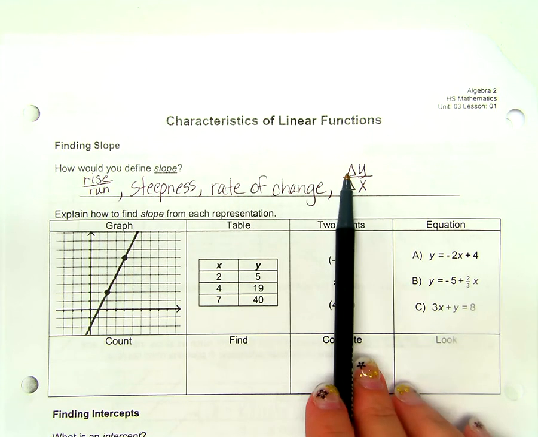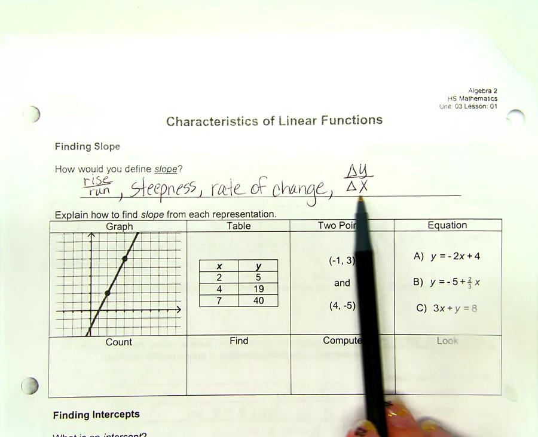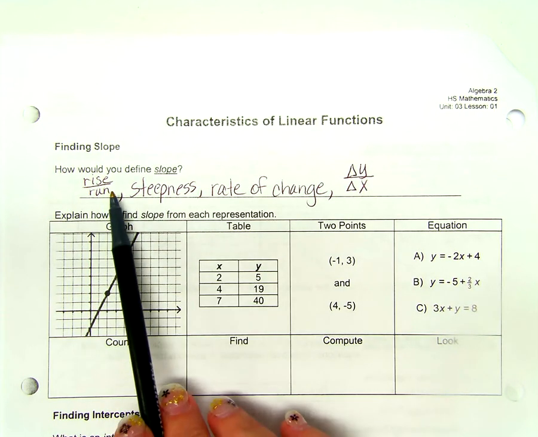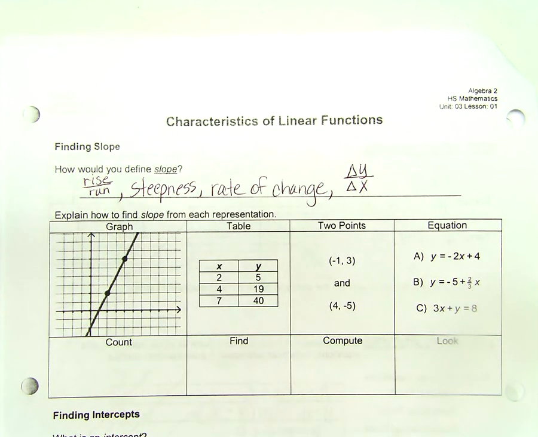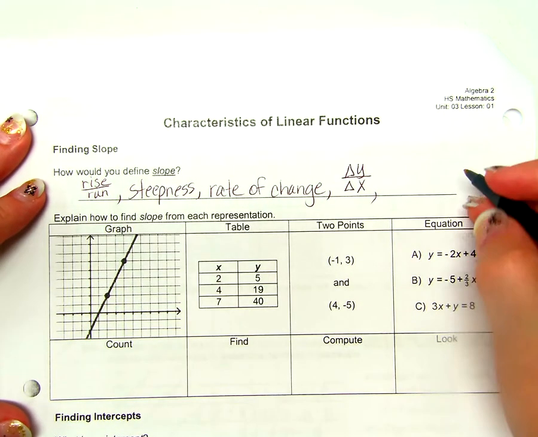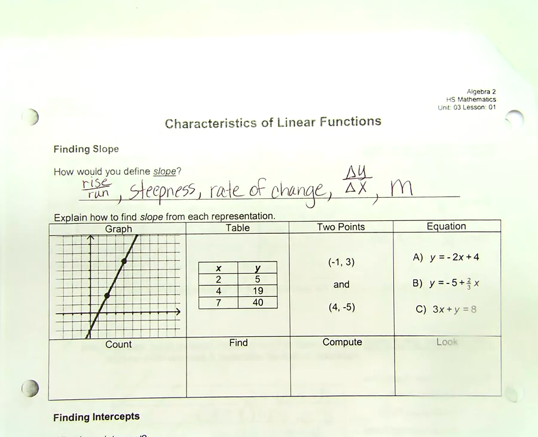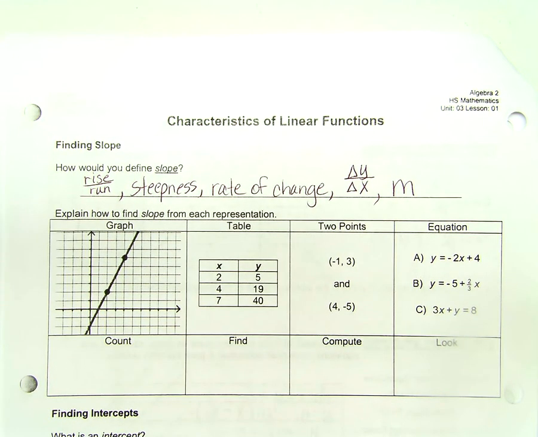We're saying that the change of the y's, change of the rise, over the change of the x's, or the change of the runs. One more that I want you to know, it's not really a definition of slope, but it's how we notate slope. What's that? Yeah, M. Okay?